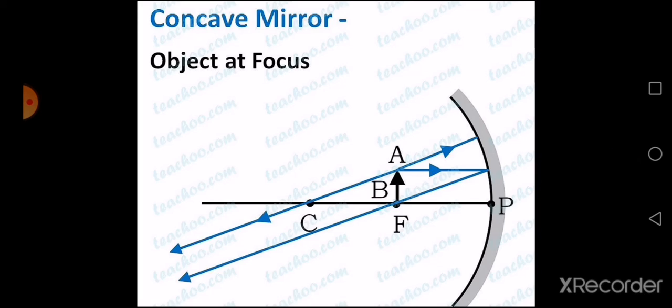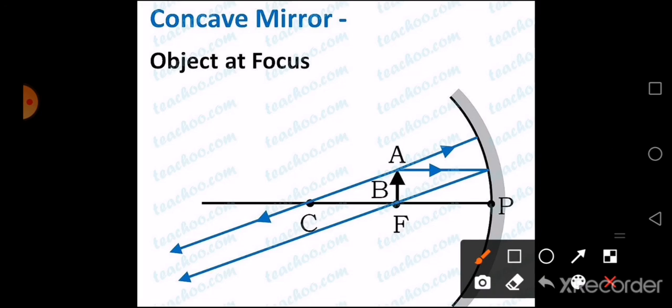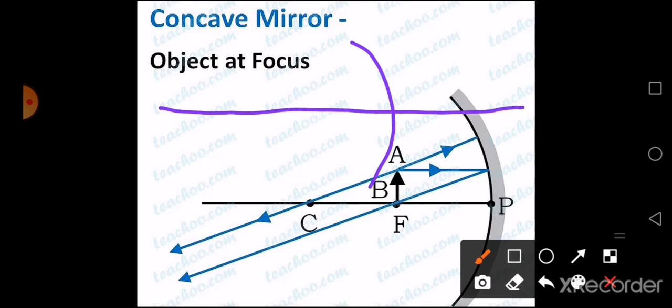When you draw the ray diagrams, always remember the relation C is equal to 2 times F. This is the relation. Whenever you draw a ray diagram, first you draw your mirror. From that, first you can draw your principal axis. Now from the pole, that is from this point, you take 2 centimeter and mark your focus.